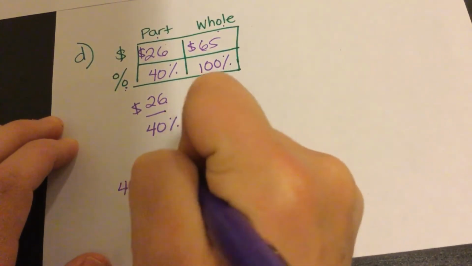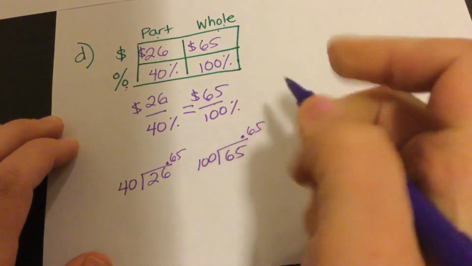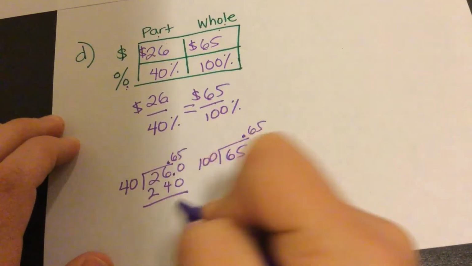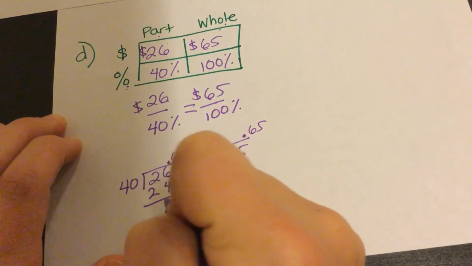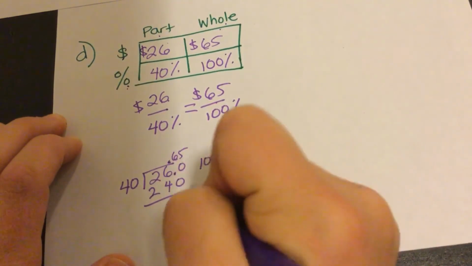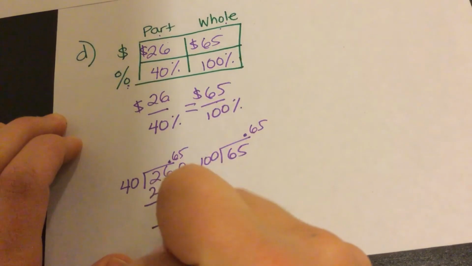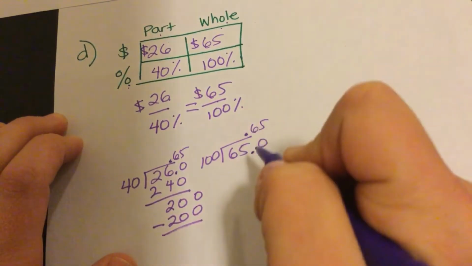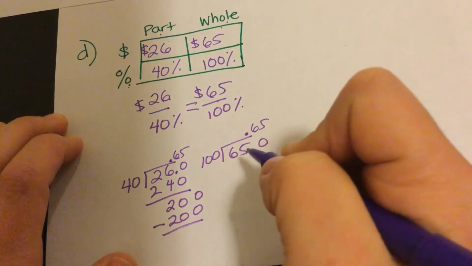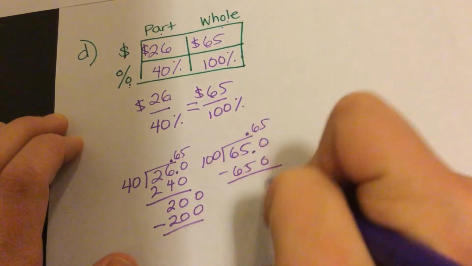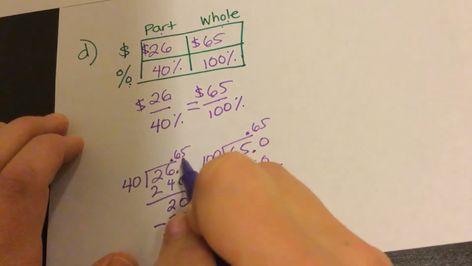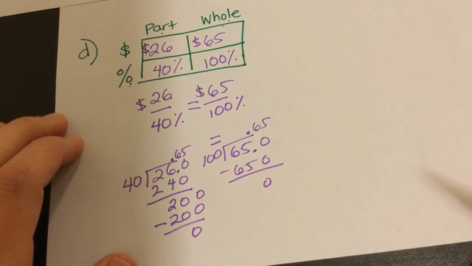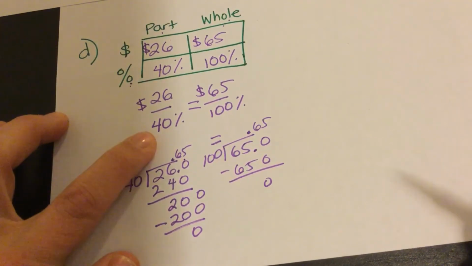I'm going to get 65 hundredths for both of these. So yes, 65 hundredths and 65 hundredths are the same. The decimal amounts are the exact same.